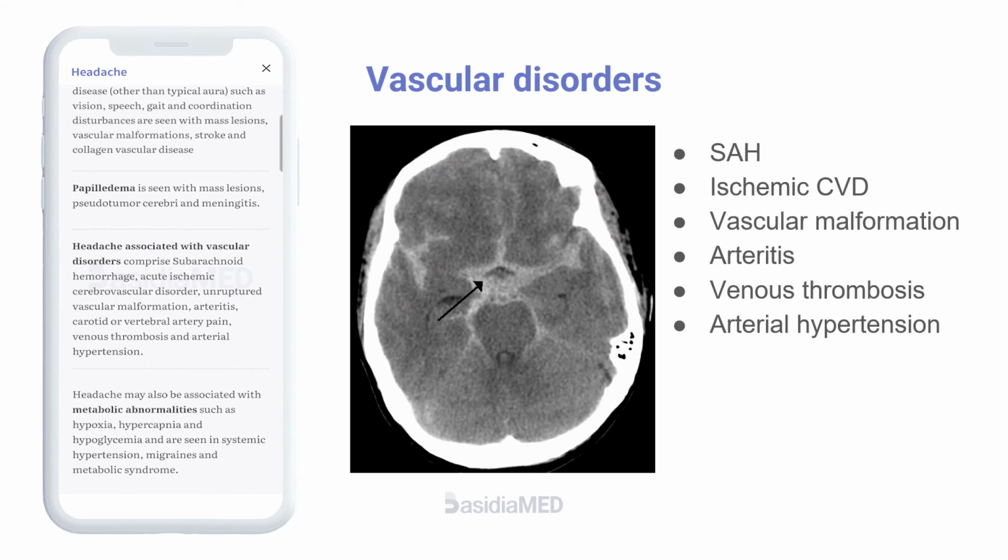Headache associated with vascular disorders comprises subarachnoid hemorrhage, acute ischemic cerebrovascular disorder, unruptured vascular malformation, arteritis, carotid or vertebral artery pain, venous thrombosis, and arterial hypertension.